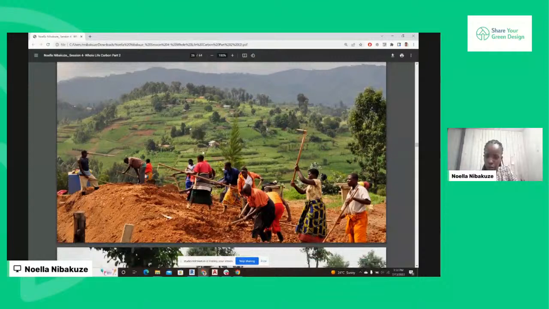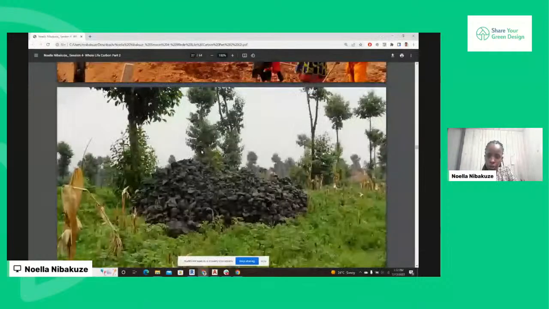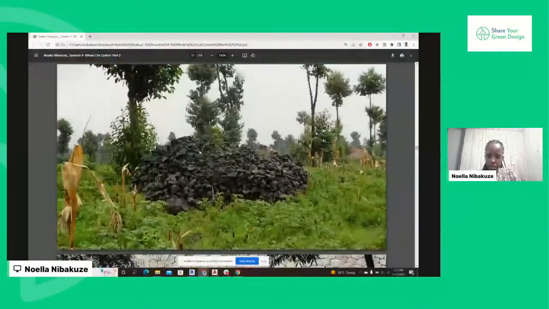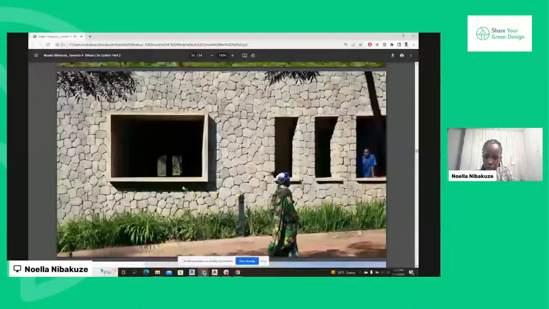So we used earth from site. We used volcanic stone. It's an area close to the volcanoes. We used volcanic stones as well, where we trained local people in how to use it. And as you can see on this elevation, the stone is local and it was done by local people.